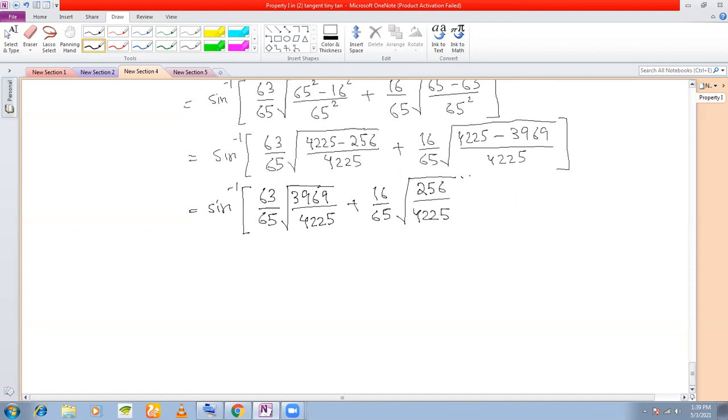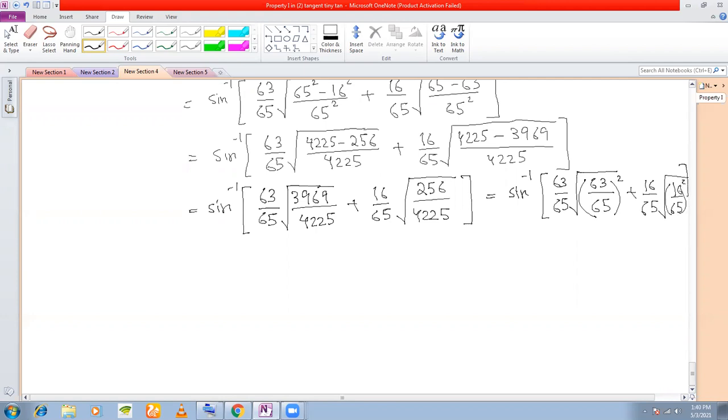Now what you see under the radical, all these 3969, 4225, 256, are square numbers. So you can write these as 63 by 65 times the square root of 3969, which is 63, since the square of 63 is 3969, and this is already 65. Then 16 by 65, and this is again 16 by 65.